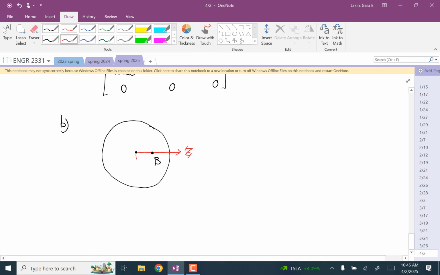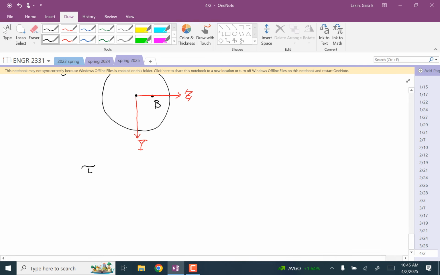That means that the temporary y-axis has to be down. Everyone with me on that? We've already calculated the polar moment of inertia, so all we have left to do is just stick stuff into the calculation.